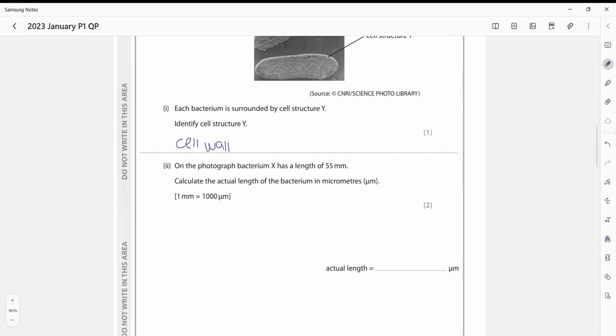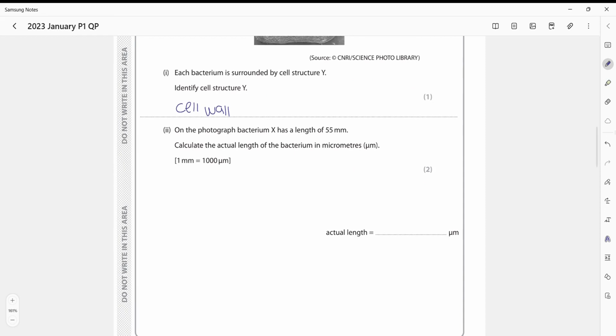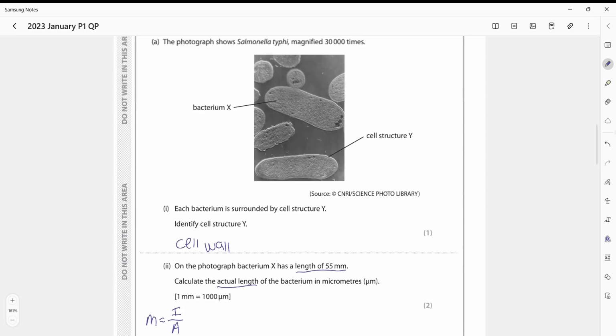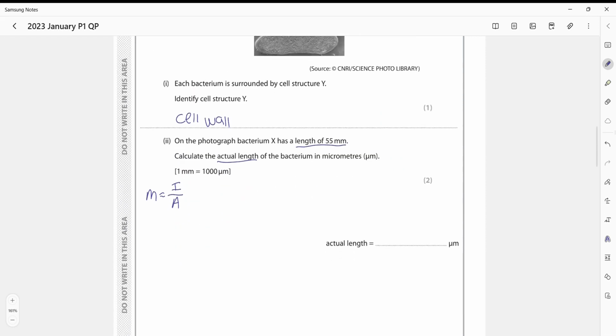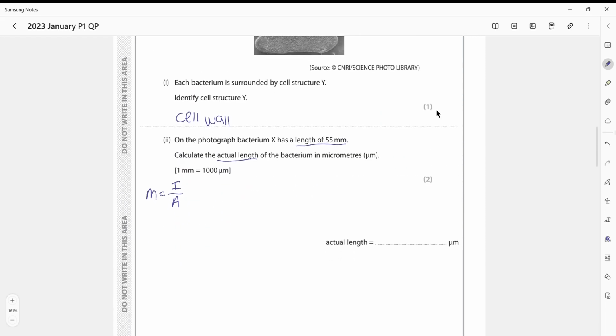The next part here on the photograph, bacterium X has a length of 55 millimeters. Calculate the actual length of the bacteria in micrometers. Okay, so the equation for this is magnification equals image size over actual size. We're given the magnification up here, so that is 30,000. So let's rearrange this equation so that A is on one side.